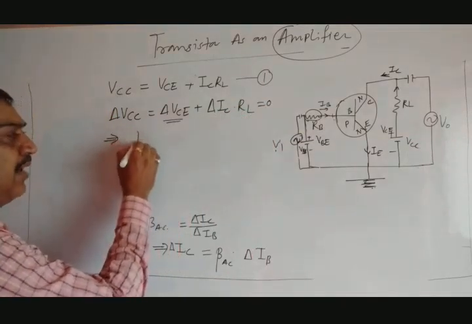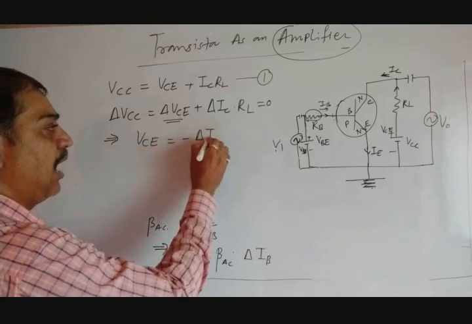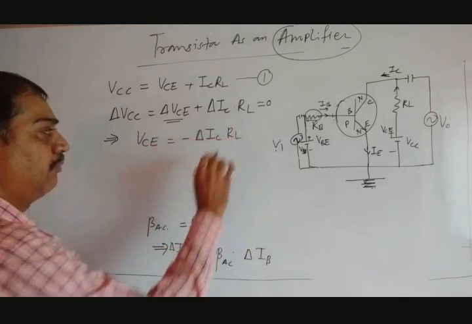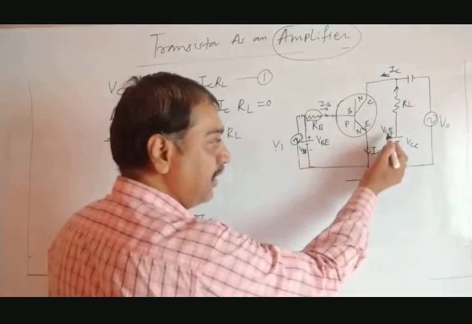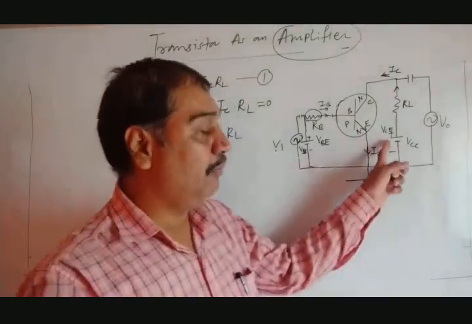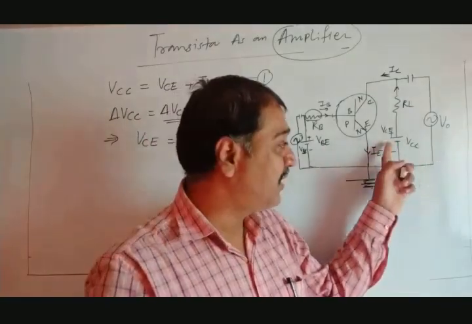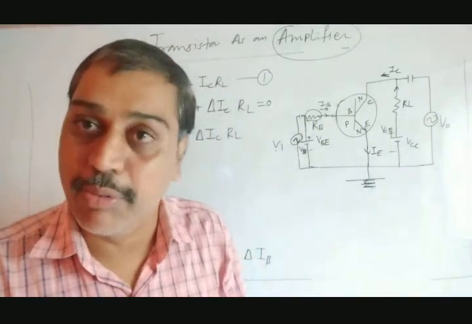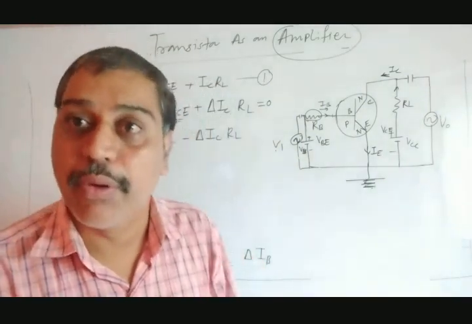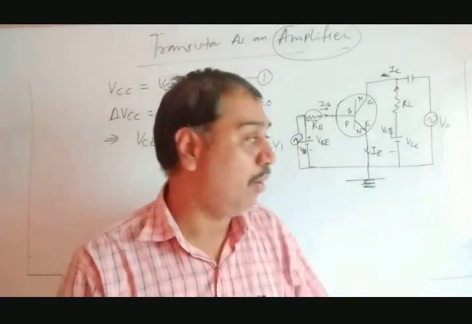This implies that VCE equals minus delta IC into RL. What is VCE here? When two things are connected in parallel, the voltage remains constant. So VCE is nothing but the voltage drop across the output, that is said to be the output voltage. So we can determine the output voltage and represent it in terms of V0.